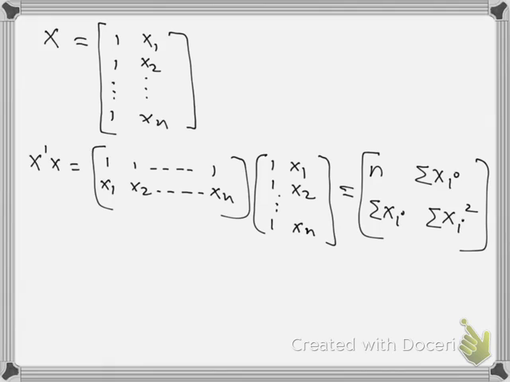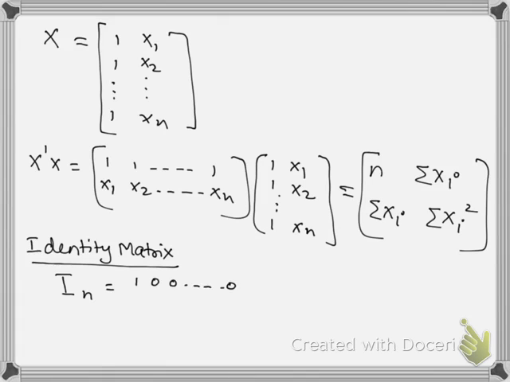Now, a few more things that you need: the definition of the identity matrix. What is the identity matrix? The square n by n identity matrix is denoted by I_n. It's a matrix with ones on the diagonal and zeros elsewhere.